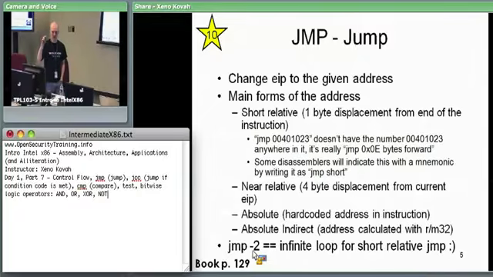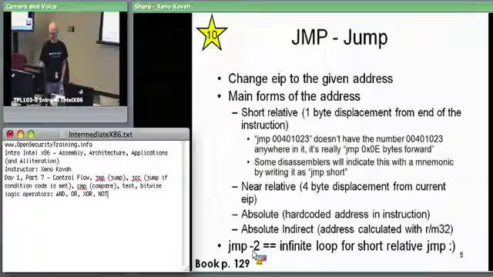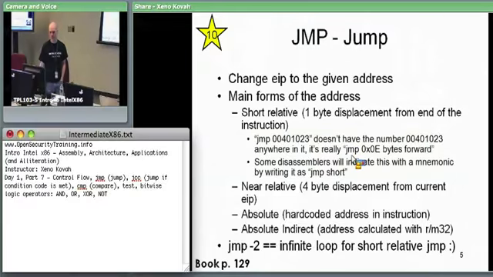So he would put in this jump -2, and it would just spin there in an infinite loop. Because if you do it as the short relative form, there's 1 byte for the jump and 1 byte for displacement, and the displacement is relative to the end of that instruction. This instruction is 2 bytes, so jump back 2 bytes, right?